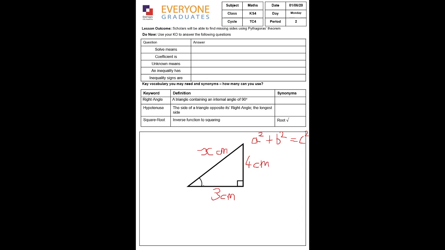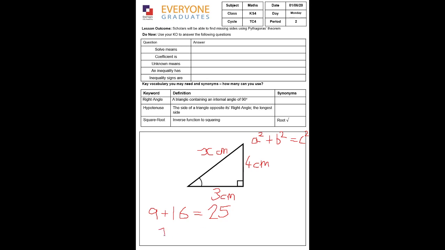So now I'm going to go further down, and I'm going to say that a squared is 9 plus b squared, so 4 squared is 16, equals c squared, so 9 plus 16 equals 25. Now x is not 25. X is actually the square root of 25, because remember, we've been given c squared.